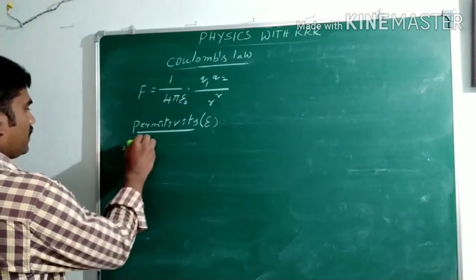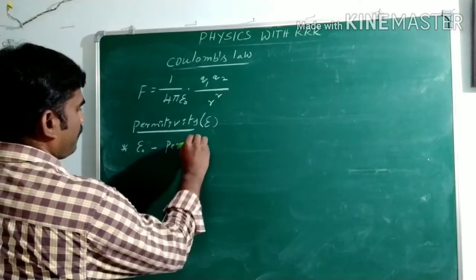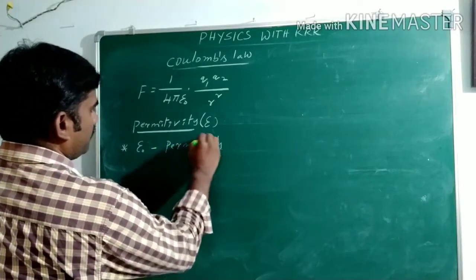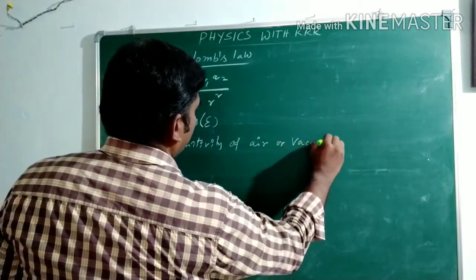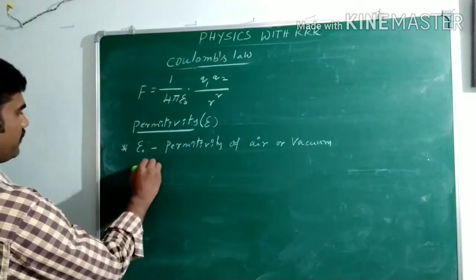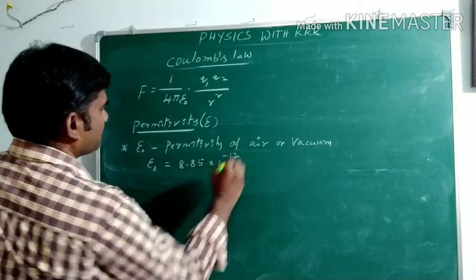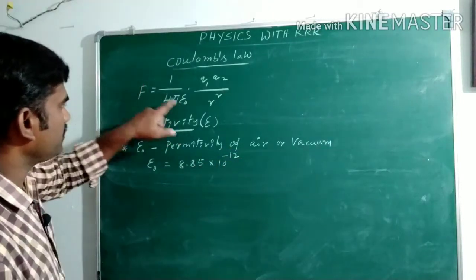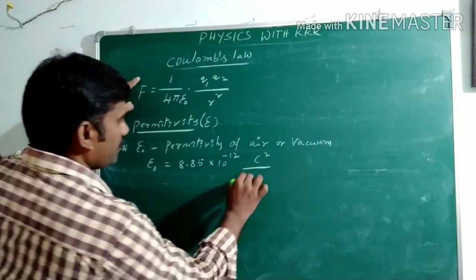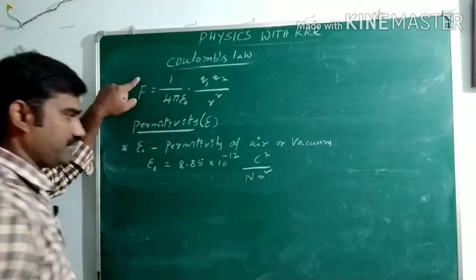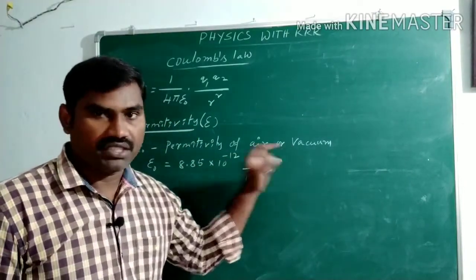Now epsilon naught represents the permittivity of air or vacuum. This value is 8.85 into 10 power minus 12, in units of Coulomb square by Newton meter square, or Coulomb square Newton inverse meter power minus 2.